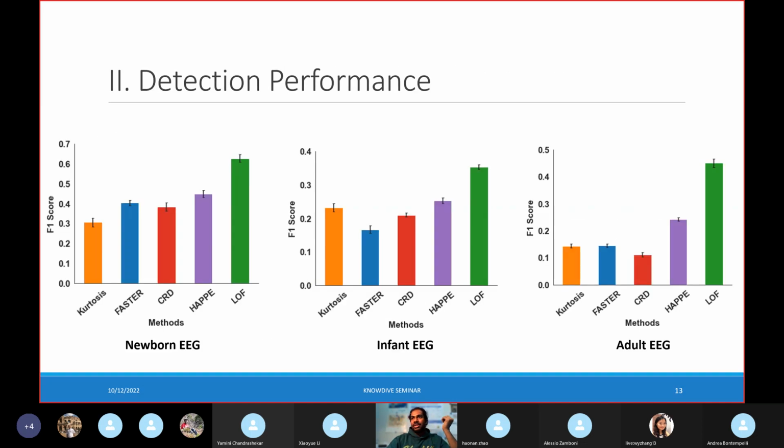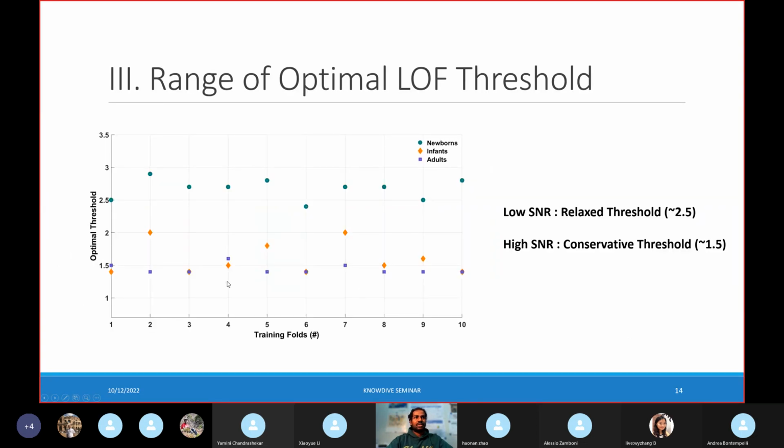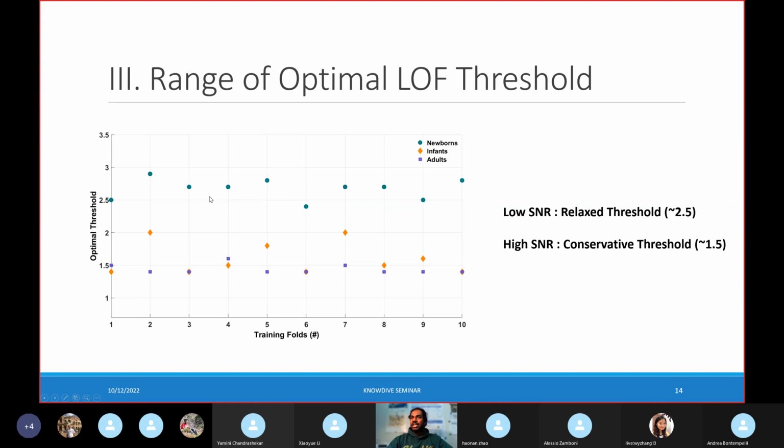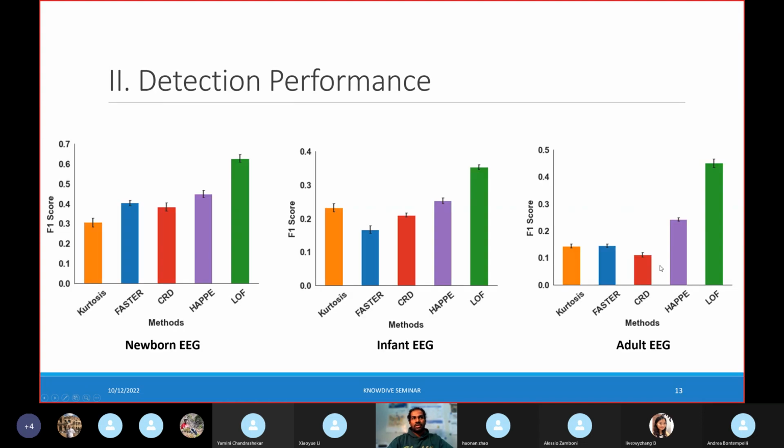For adults we use a strict threshold. And for newborns, if we kept the same kind of threshold of 1.5, we would be detecting more channels as bad because they are noisier. So the trade-off is balanced by calibrating the threshold.